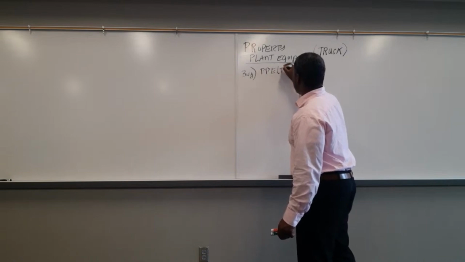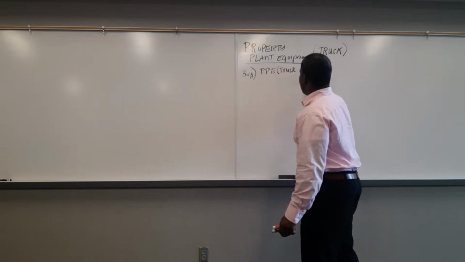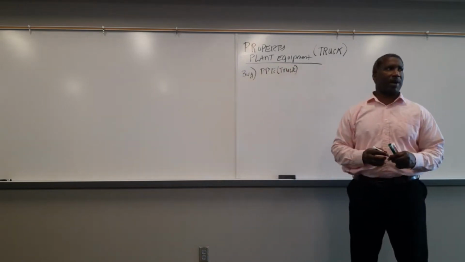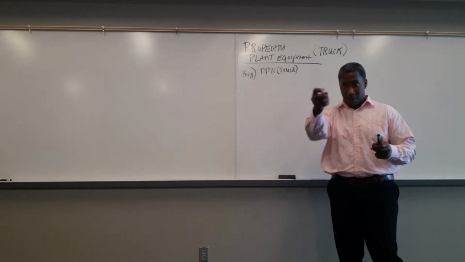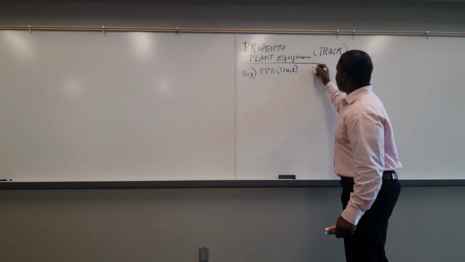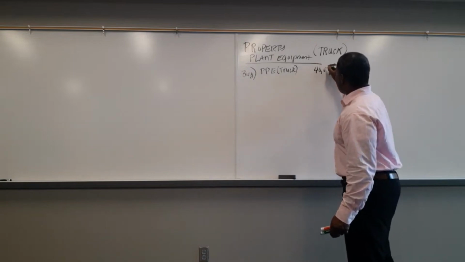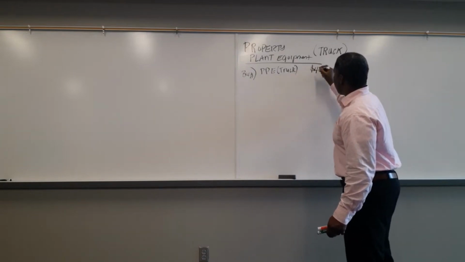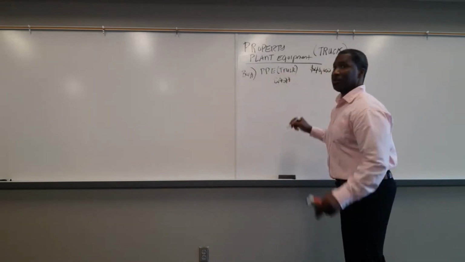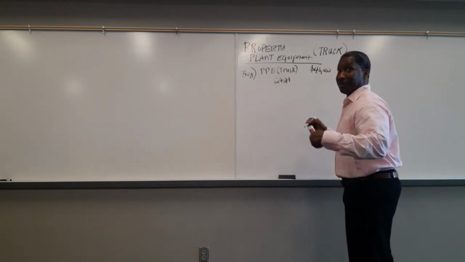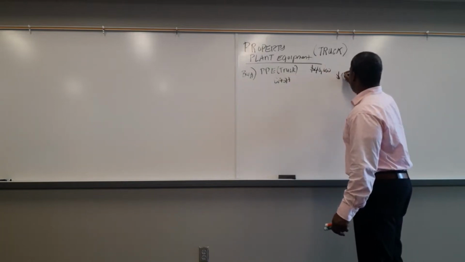Property plant equipment truck. Let's just say, how much did I pay for this truck? What's a good price to pay for my truck? $40,000, okay? And I use your cash to pay it. Y'all gave me some cash, okay? I use your cash to pay it.